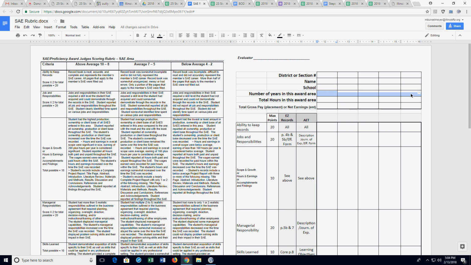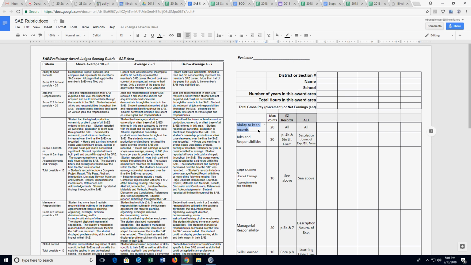This information can be found on the Proficiency Area Summary Form in the front of the record book, as well as the total hours, gross pay if in placement, and net earnings in an entrepreneur. Again, all three of these rows can be found on the Proficiency Area Summary Form in the front of the record book.